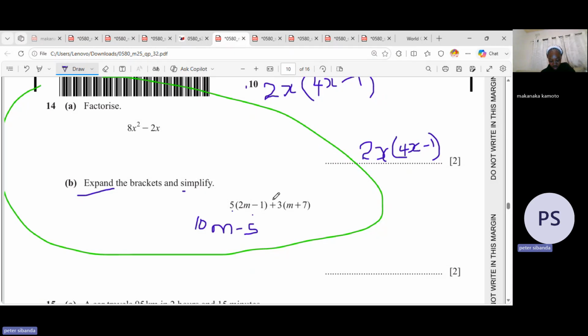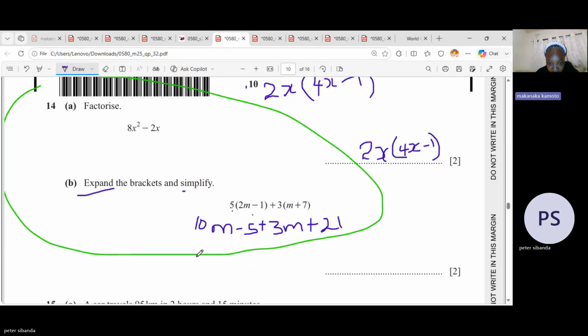But if this sign is negative, that's why you can make a mistake. That's why it's important that you take this with its sign. So plus 3m, plus 3 times plus 7, plus 21. Correct.